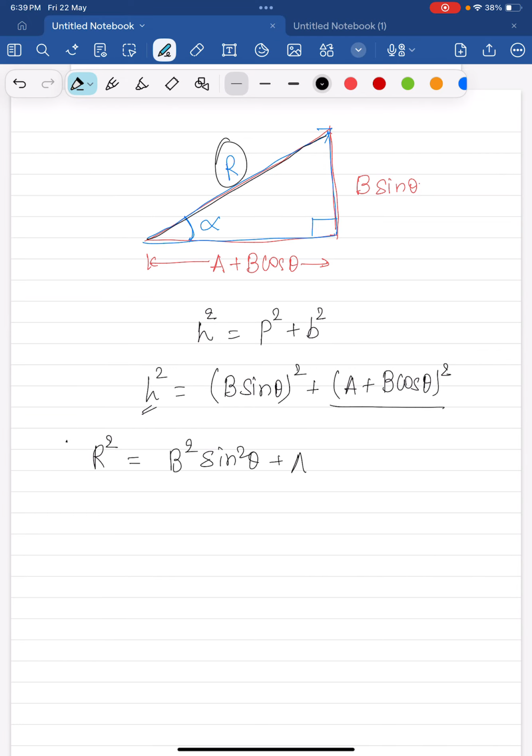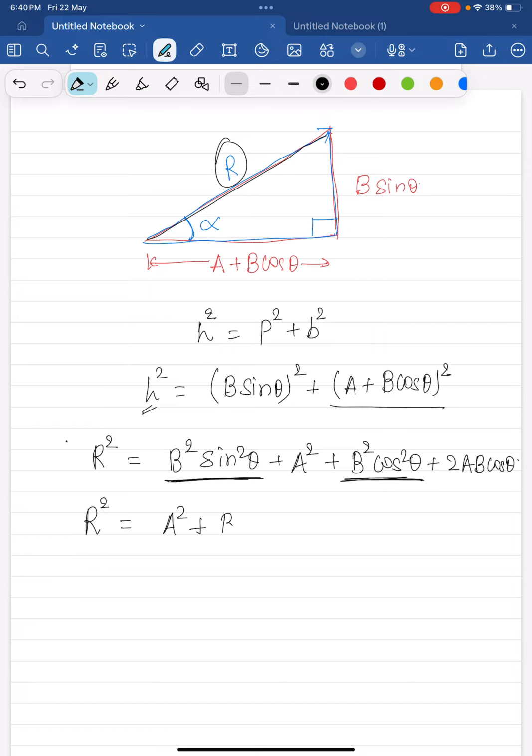Which will be equal to a square plus b square cos square theta plus 2ab cos theta. So we can write this r square is equal to a square plus, we can take b square common from both the terms.